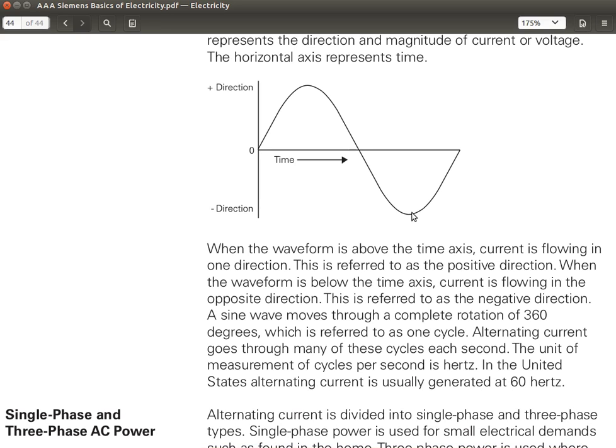Then later on it goes down to 4, still flowing from right to left. 3 amps, 2, 1, and then 0 amps. Then the process repeats itself. This covers one cycle.